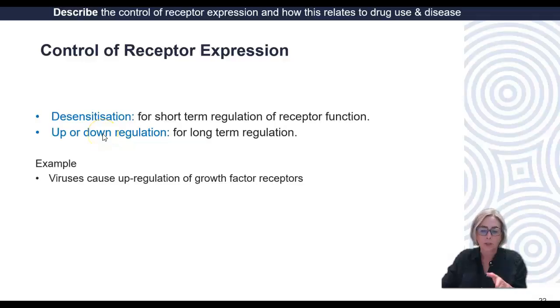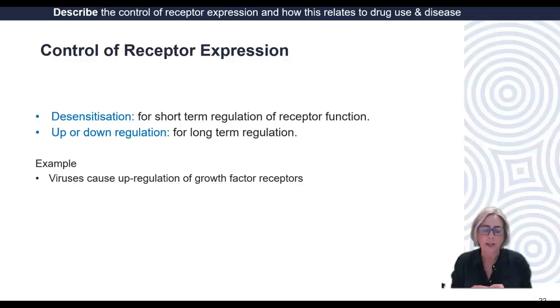So remember, we talked about how upregulation of receptors means there's more receptors for an agonist, or the endogenous ligand, to bind to, and that's for long-term regulation, as is down regulation, where the number of receptors available are reduced. So there's fewer receptors for the agonist or ligand to bind to.